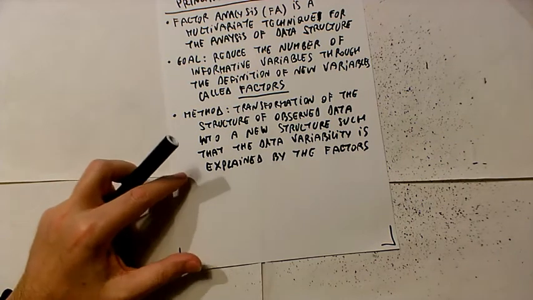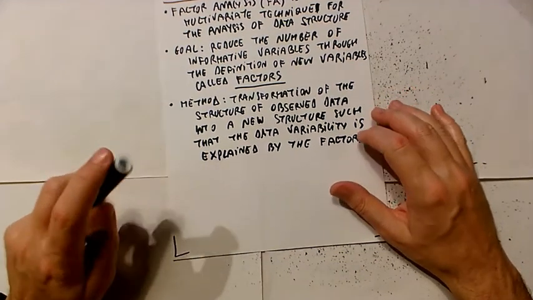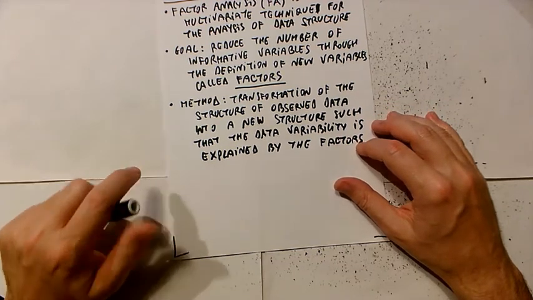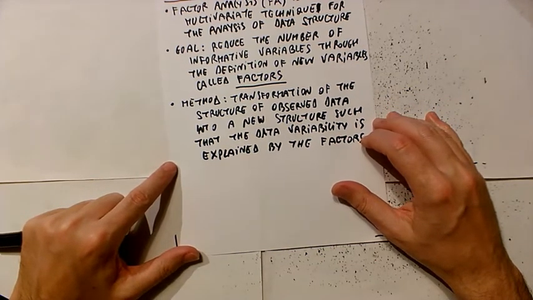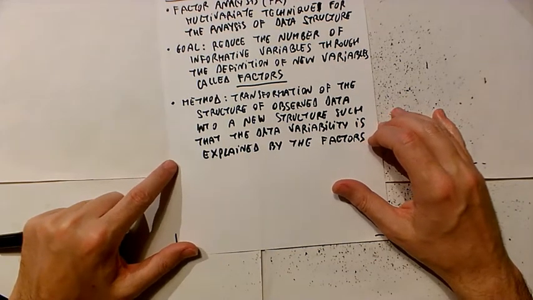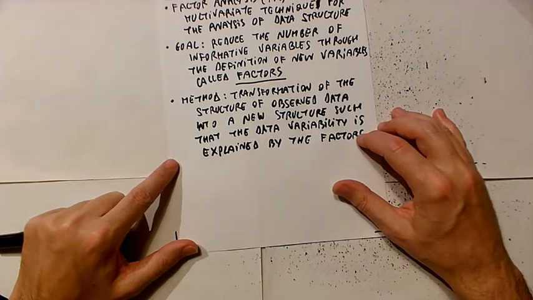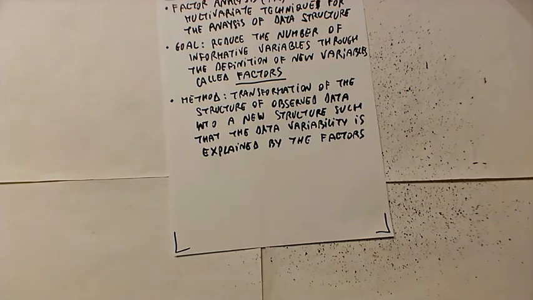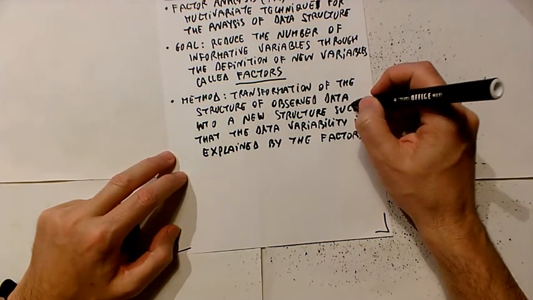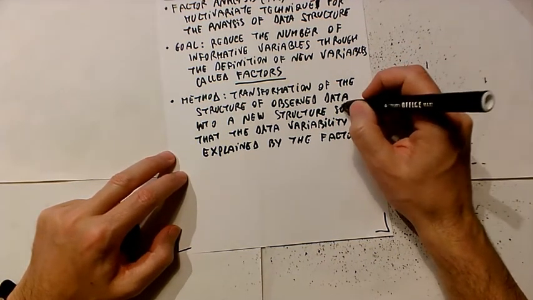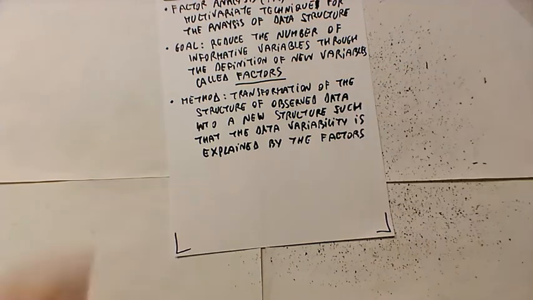And when I told you that the factors have to keep the original information provided by the observed original variables, I mean that the factors must explain the original variability of data, because basically when I speak of information, I mean variability. So statistically speaking, information is variability.